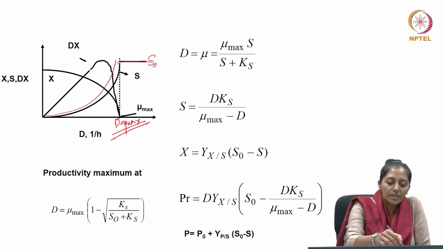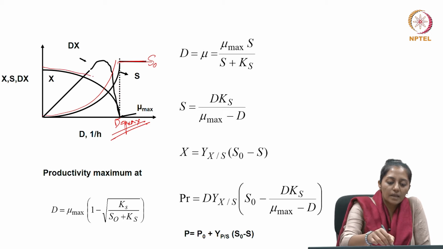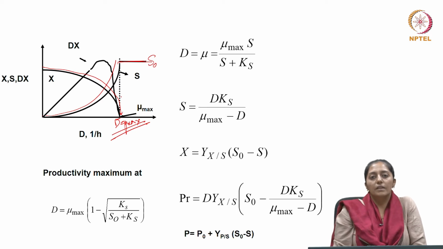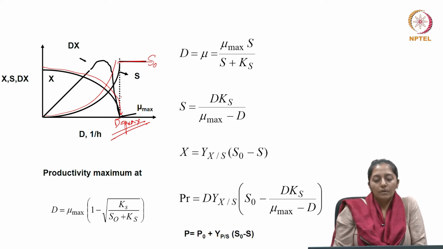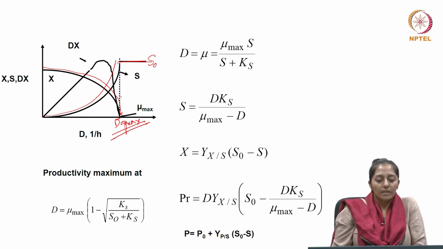Similarly, you can see how the x will change as the dilution rate keeps on increasing. The x is initially more or less the same, but then as you keep on increasing the dilution rate, your biomass concentration in the outlet stream will come down till it reaches 0 at the washout point, because this also demonstrates that as the dilution rate is increasing, the rate at which the biomass is leaving the reactor is now becoming greater than the rate at which the biomass is growing inside the reactor.